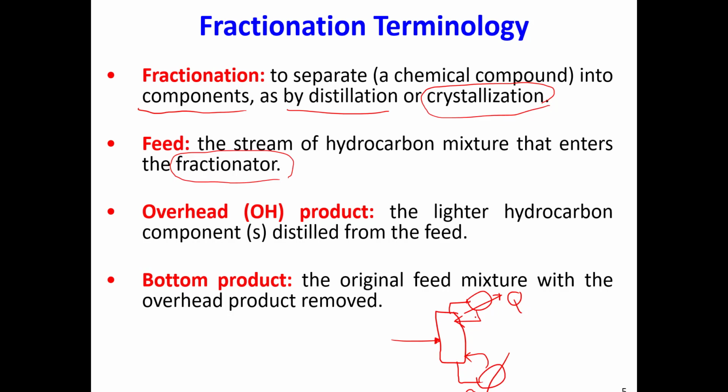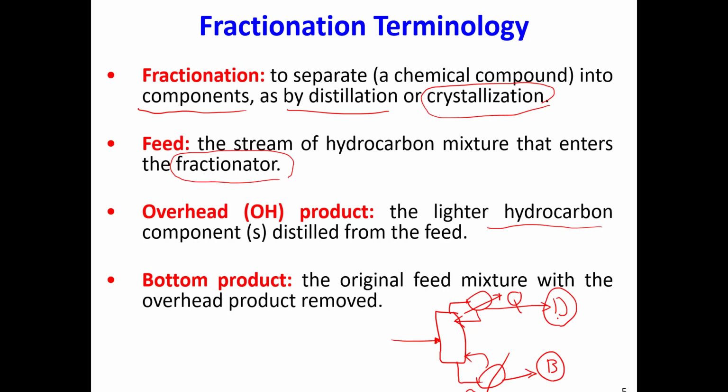At the top, we extract our light product, which we call distillate. At the bottom, we get our bottom products, the heavier product. The products that we get at the top, we call overhead products, OH products, which are the lighter hydrocarbon components, lighter hydrocarbon molecules.